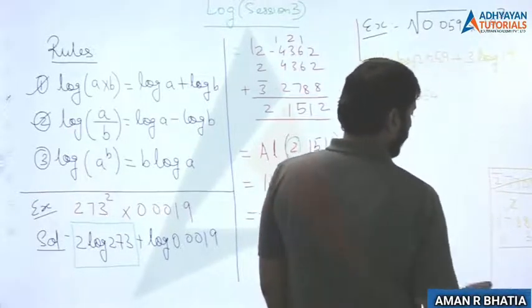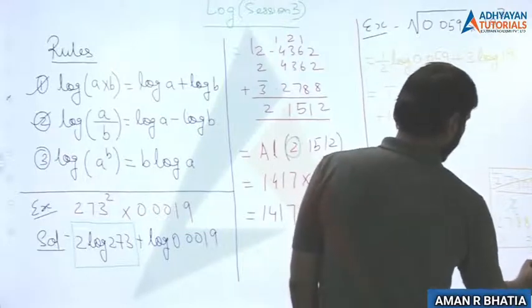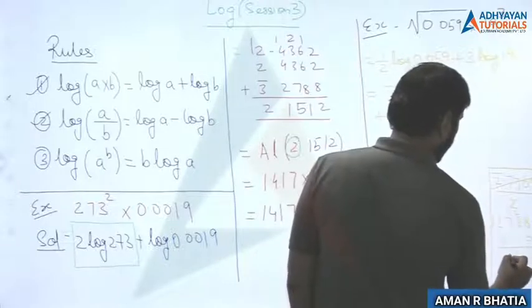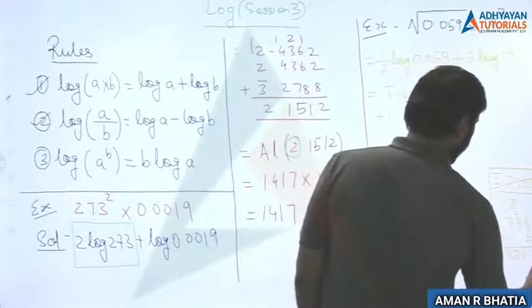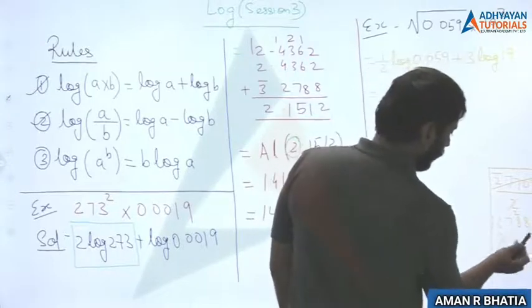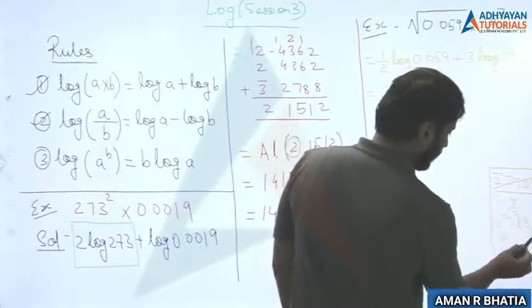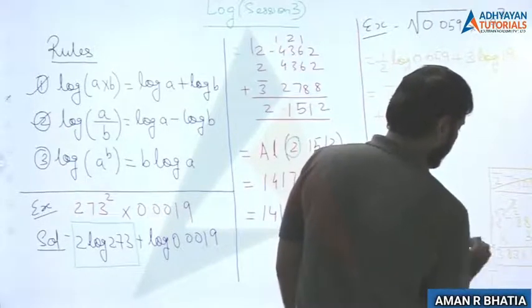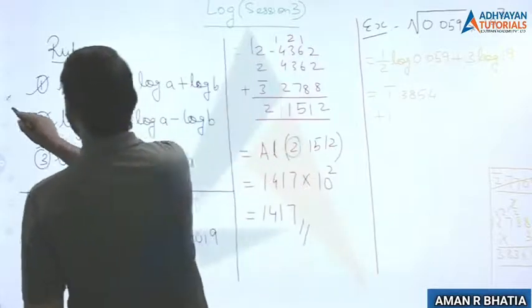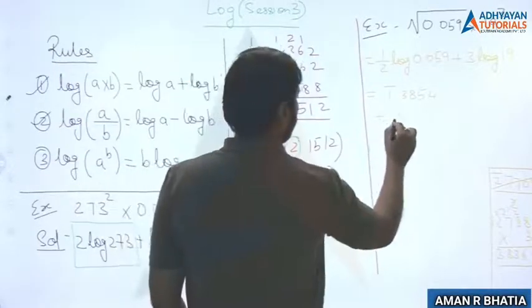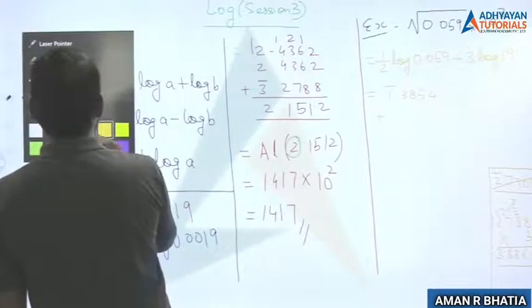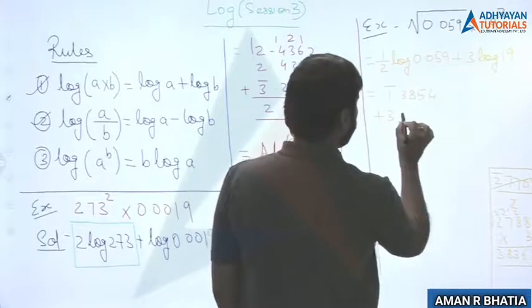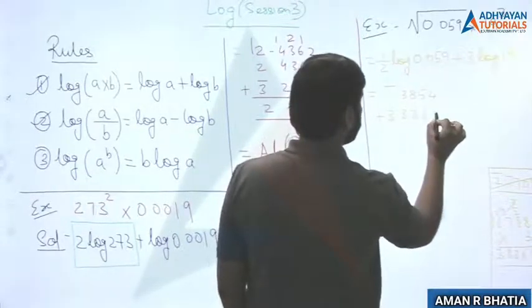So 8 3s are 24, 24 and 2 26, 7 3s are 21 and 2 23, 3 2s are 6, 7 8 and 3 1s are 3. So the value becomes 3.8364.